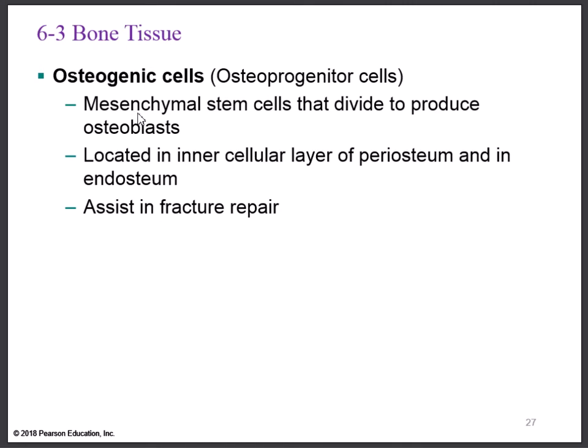And their job, these stem cells, is to make sure that the bone has adequate amounts of osteoblasts, which we're going to talk about next. So the stem cells make sure that we have osteoblasts. Osteoblasts, we're going to see, are important in forming new bone.